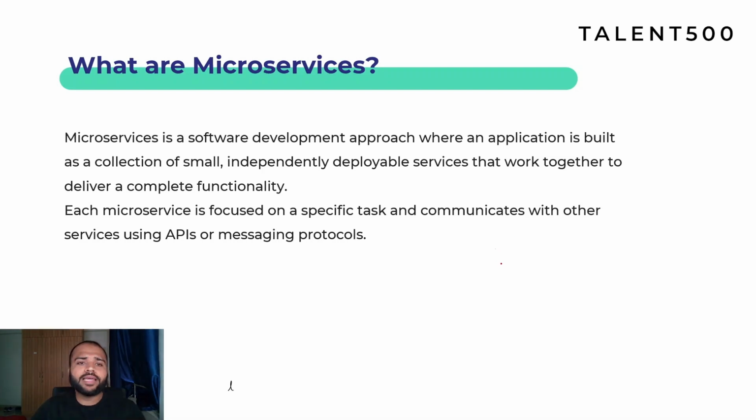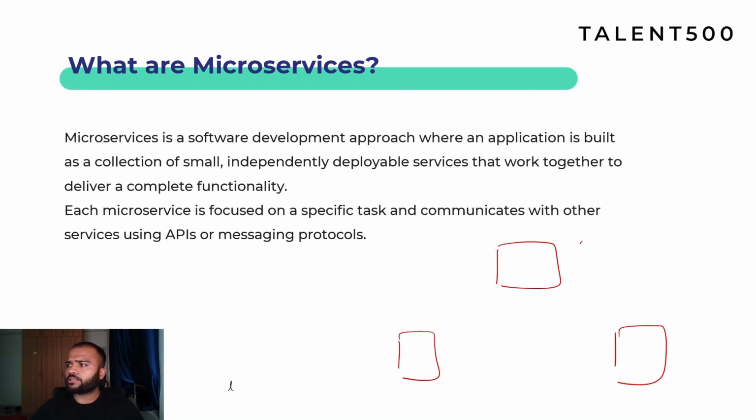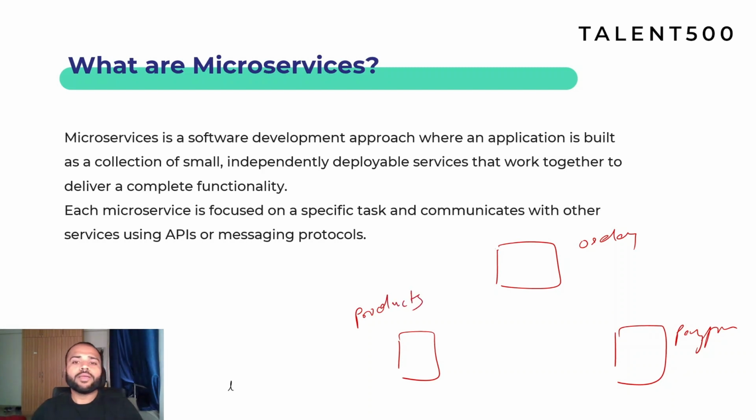So how something like that will look like is, let's say for the same e-commerce, now you have multiple applications, right? Let's say this is the orders application, this is the payments application, and this is our products application. So these are now three microservices.